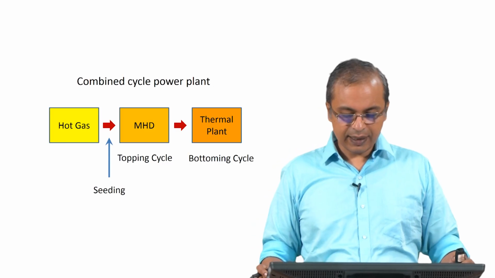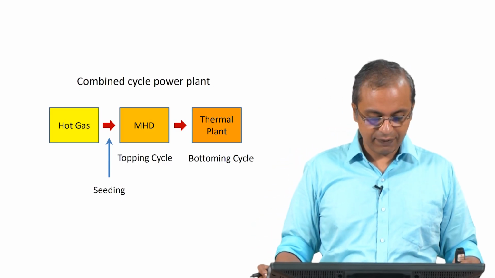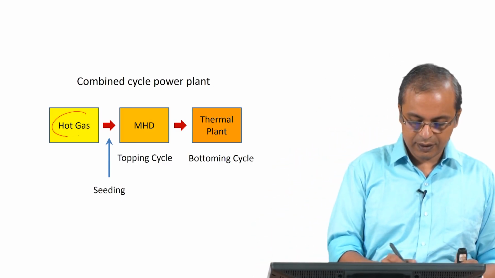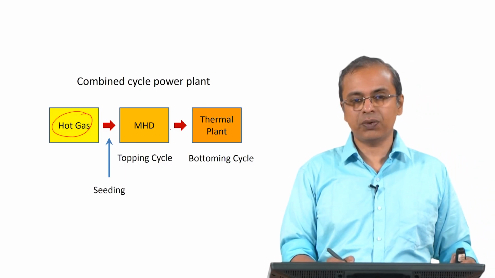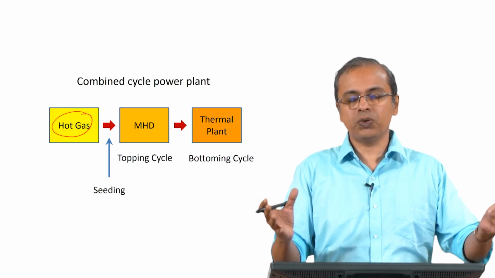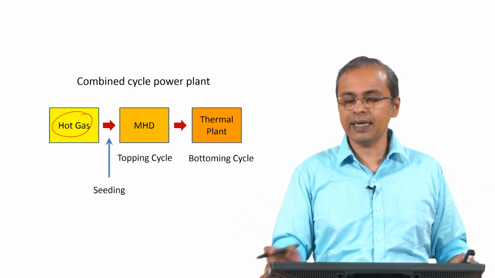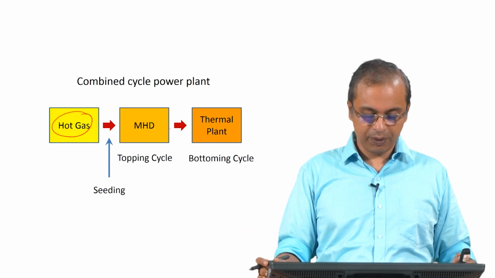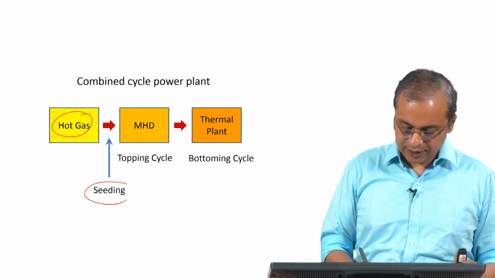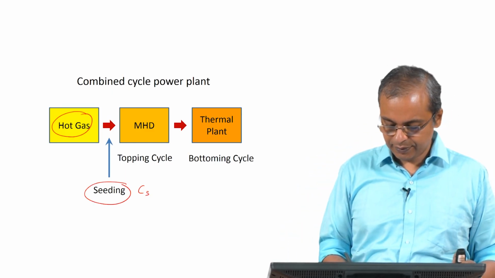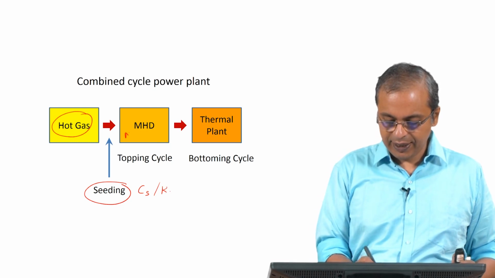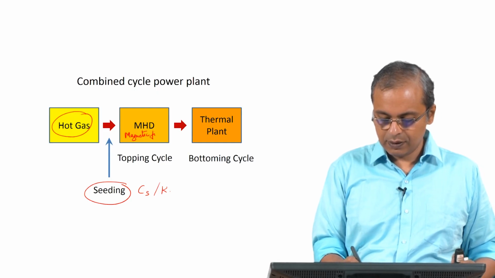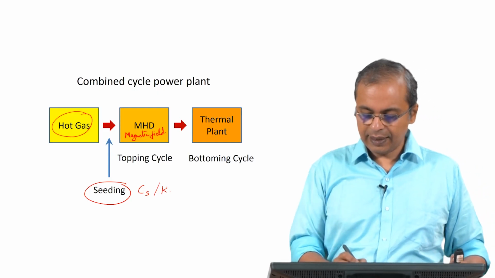So, if you want to look at relative to what we saw a little while earlier, you have the hot gas coming in, but before the hot gas goes to the MHD, if you just send it directly into a region where you put two electrodes and send this hot gas in there, that is not really going to help you in a big way. So, you have to do the seeding, so cesium or potassium, and here you are going to have a magnetic field, and then you have the thermal power plant.